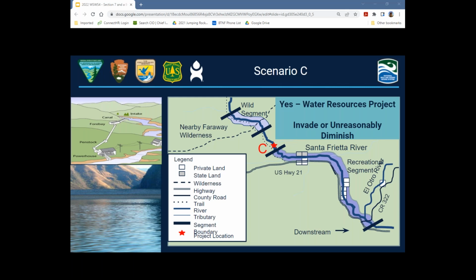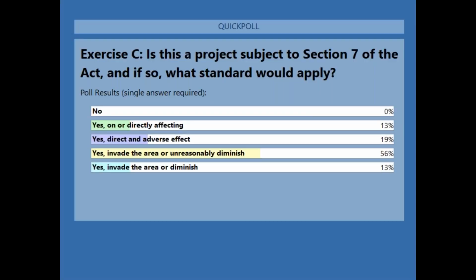In this case, it's the fishery. The standard applies because the proposed project is above but not within a designated river segment and has the potential to unreasonably diminish the fishery values present at the time of designation, specifically the outstandingly remarkable value associated with the Santa Frietta steelhead population. How do we do on that one, Angie?